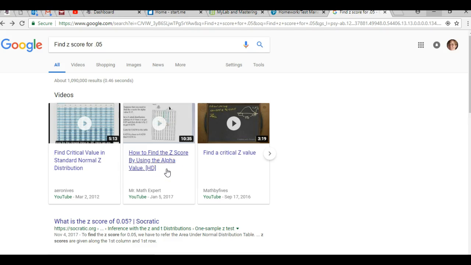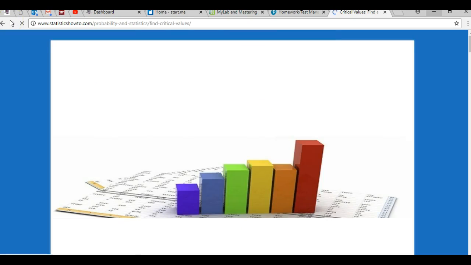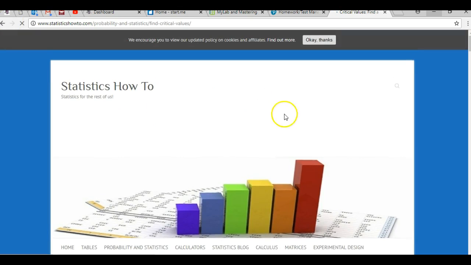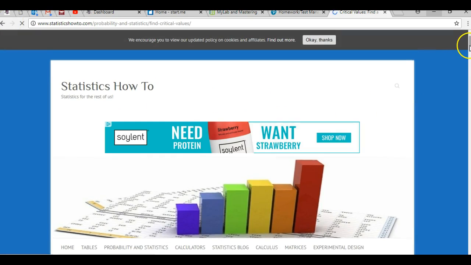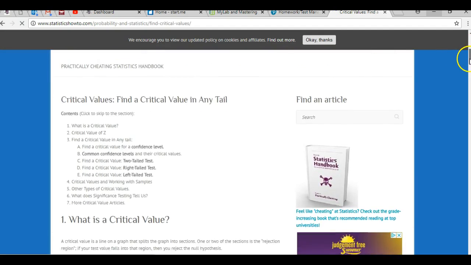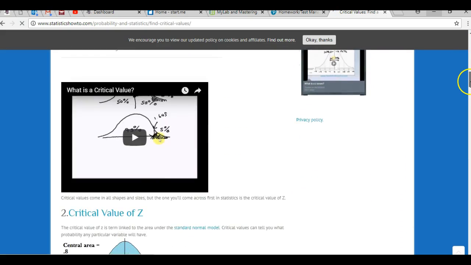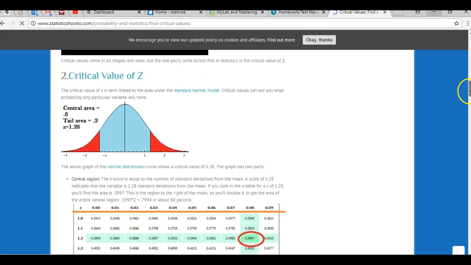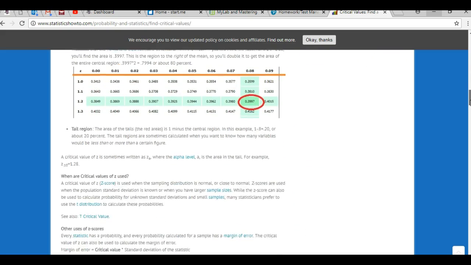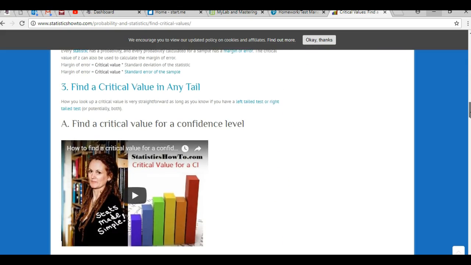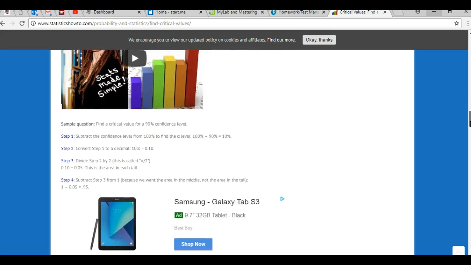This is another one, so you can see there's a lot of information out there. But the one I liked is this one right here, because if you read down through here, it explains it. It tells you how to find it. It tells you what a critical value is. And if you get to the bottom, there are little videos here that explain this all the way.